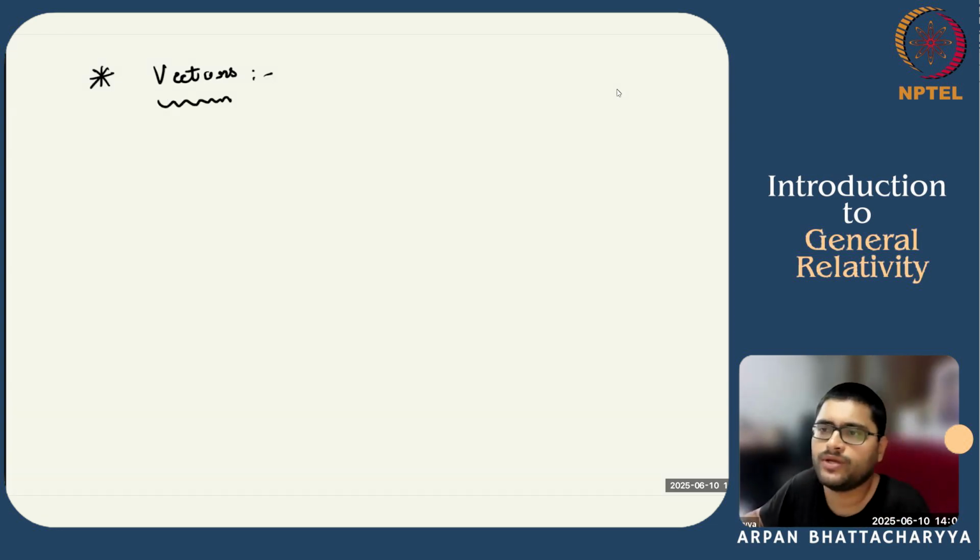So the viewpoint that we'll adopt in this course is that these vectors, or more generically, as we will see, tensors, are a local object. They are defined only around a point in the space-time manifold.